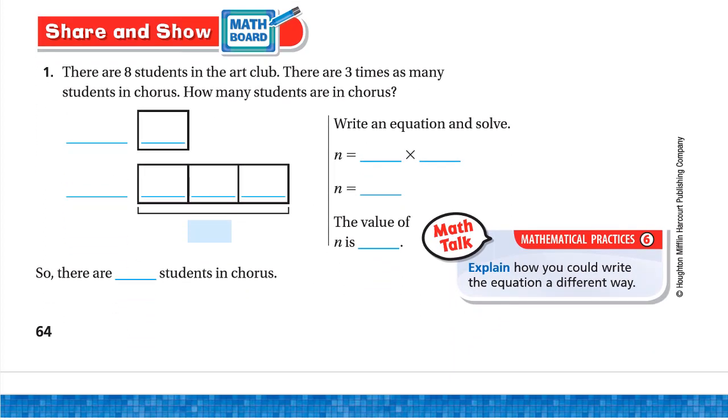Okay, share and show. There are 8 students in the art club. There are 3 times as many students in course. How many students are in course? Okay, so 8 students in the art club and 3 times in the course. So this is the art club and this is the course.